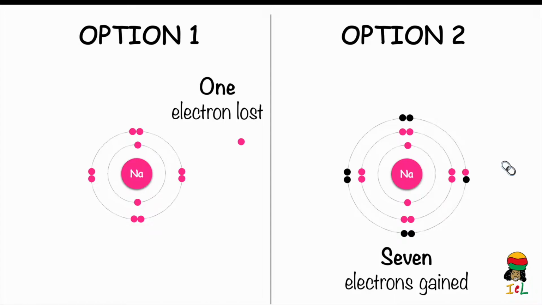Now looking at the 2 options, option 1 involves 1 electron while option 2 involves 7 electrons. The option with the fewer number of electrons will use the least amount of energy. As a result, option 1 is most likely to be the option for atoms with fewer number of electrons on their last shell. They will lose those electrons.